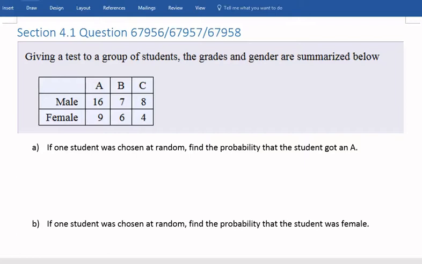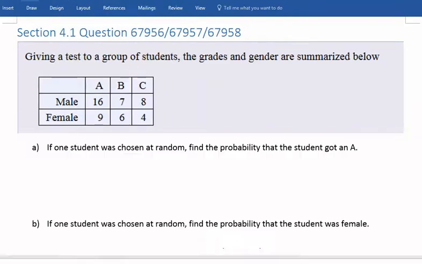The first question is, if one student was chosen at random, we want to find the probability that the student got an A. To answer this question, we actually have to finish the two-way table first.